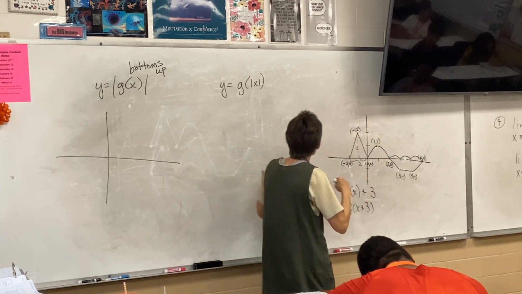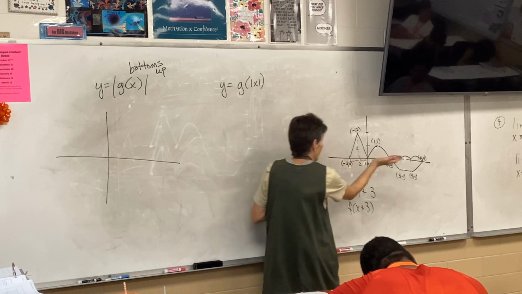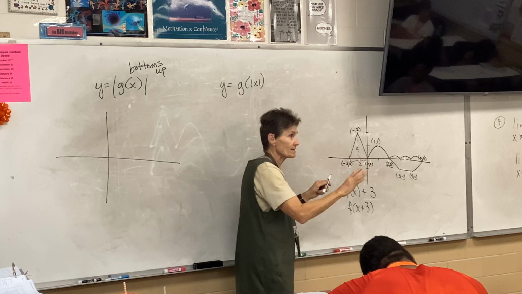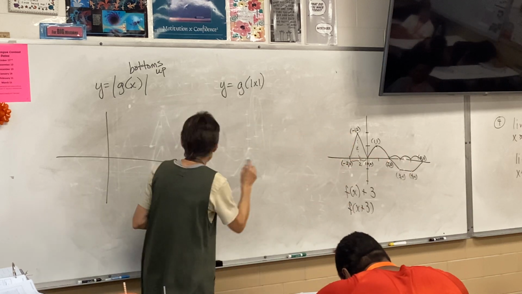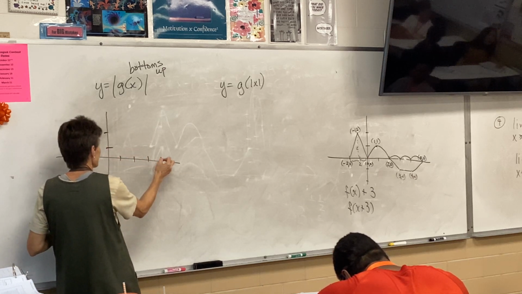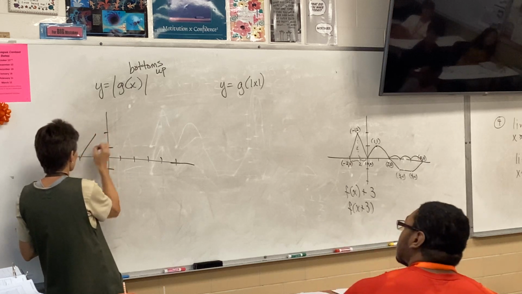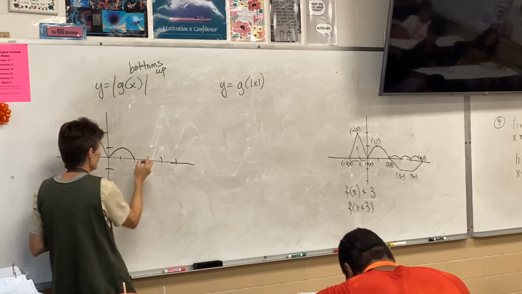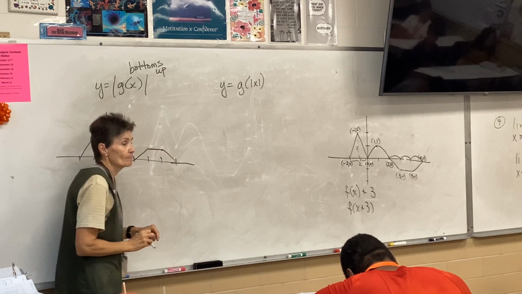So when you have the absolute value of the whole problem, the bottom of the picture comes up. Everything else stays the same, but the bottom has to come up. So the absolute value here, nothing changes size-wise, everything stays the same. So there's my triangle, there's my semicircle, and now here is my trapezoid.